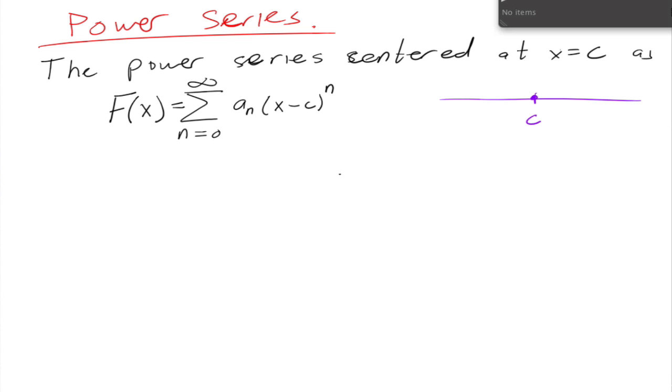But the farther you go away from c, the bigger the chance of diverging. And then, of course, you have the a sub n that also affects it, but for now we're ignoring that. But I think you all agree that if x minus c is small, it has a better chance of converging than if it's larger, right?